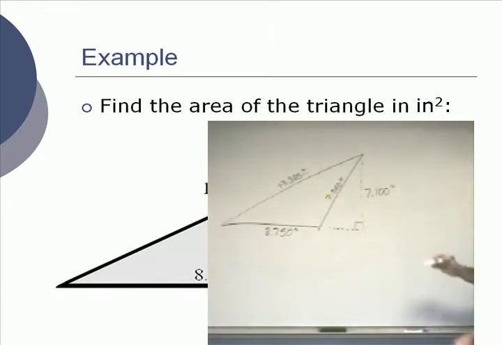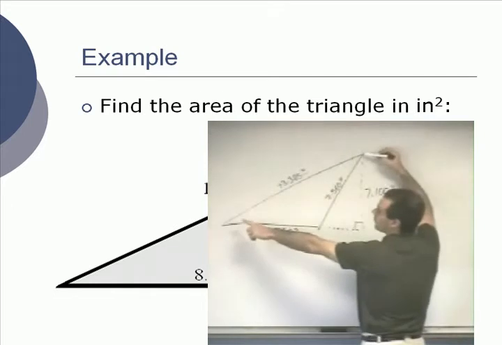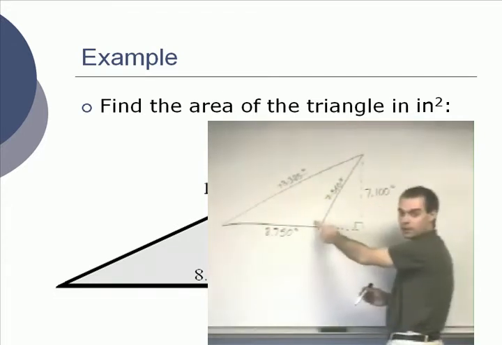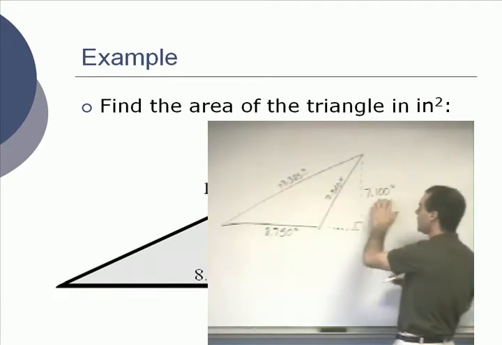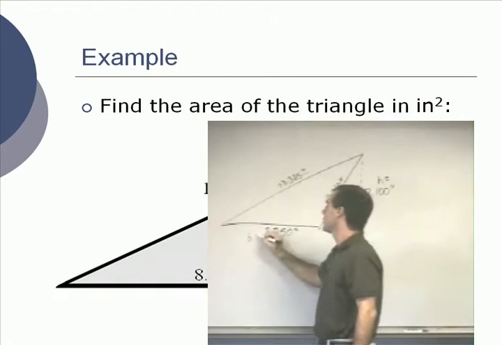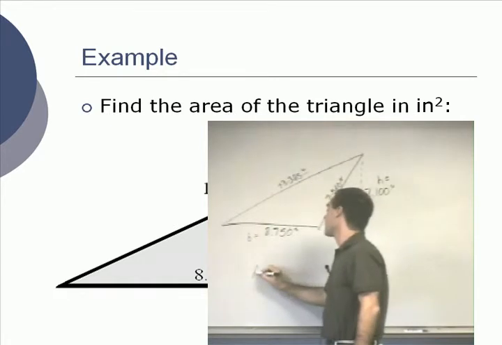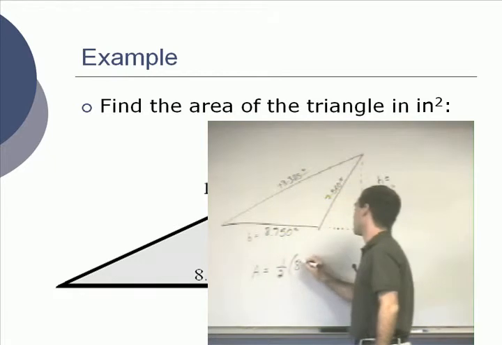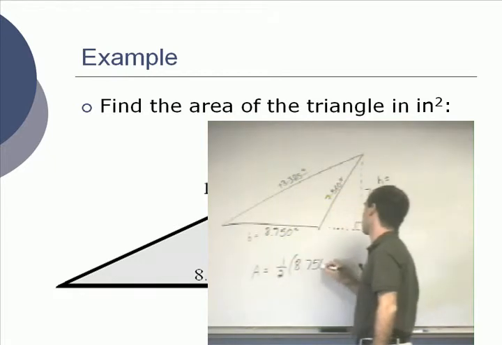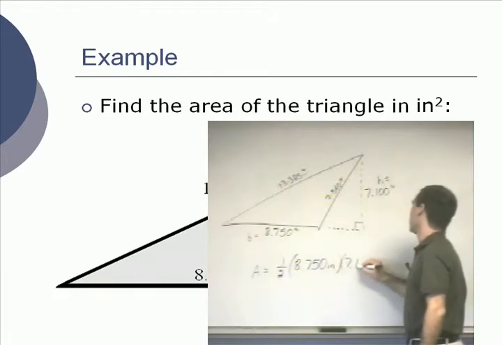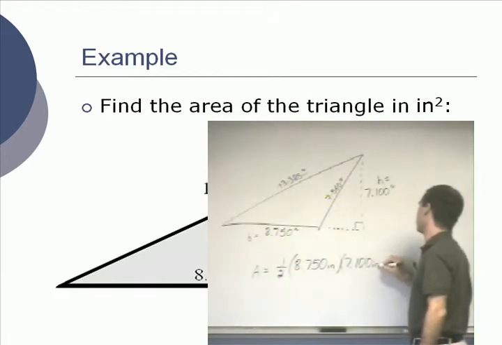Now, we could treat that 13.385 as the base if we knew what this distance was. Then that would be our altitude, but that's not the case. Here's our altitude or height. There's our base. Very basic algebra says that the area is going to be 1/2 of 8.75 inches times 7.100 inches.